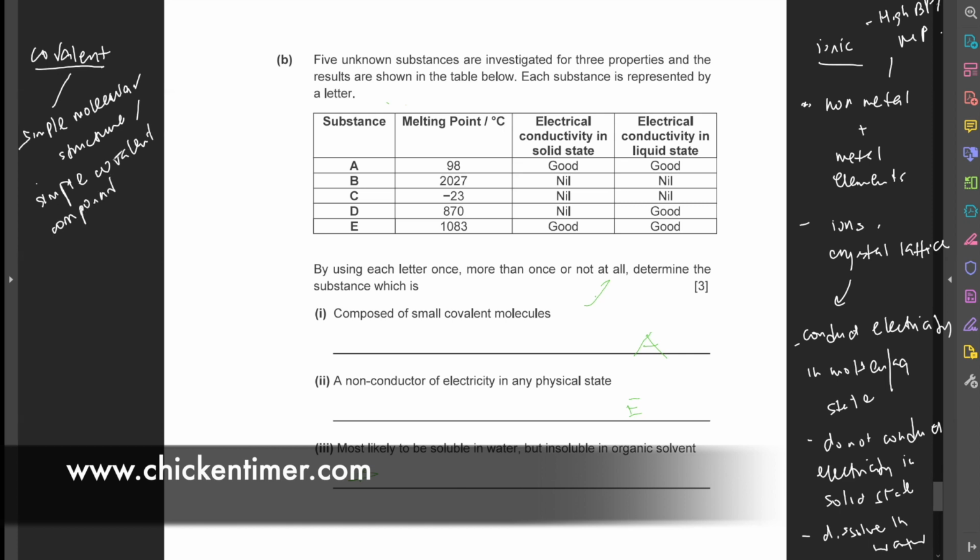There's another one which is giant molecular structure. That one is not tested for you. So these exist in molecules. Then they have low melting and boiling point because of the weak intermolecular forces of attraction.